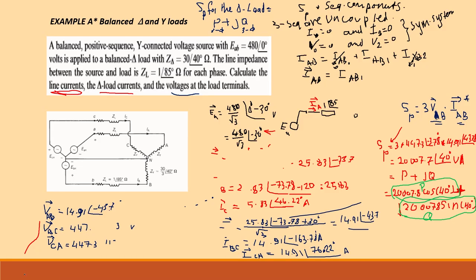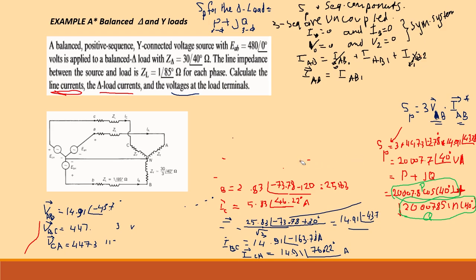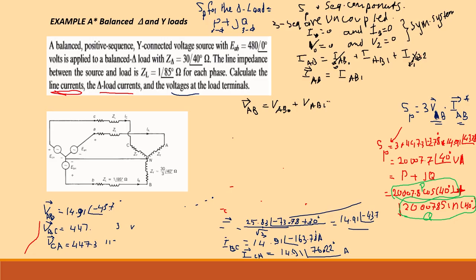The same applies to the voltages: VAB is equal to VAB naught plus VAB1 plus VAB2.